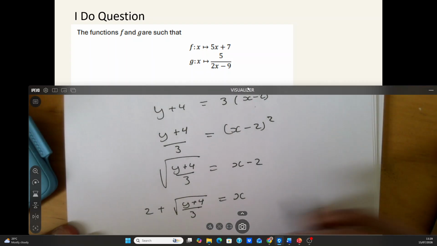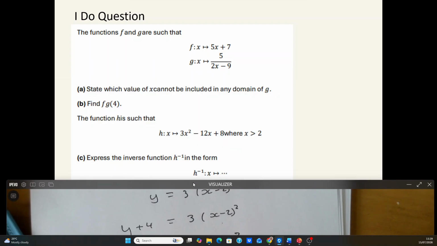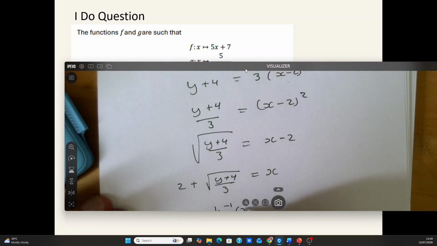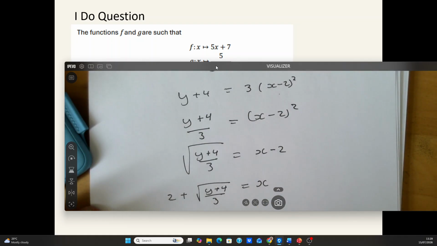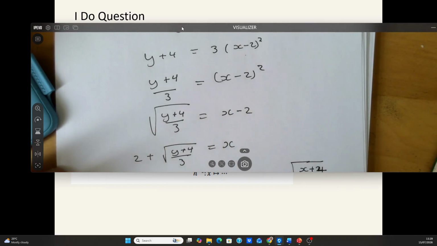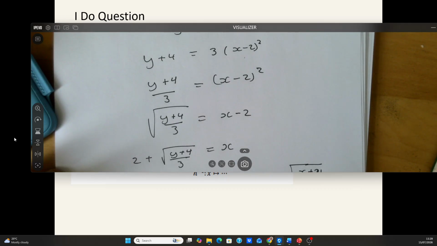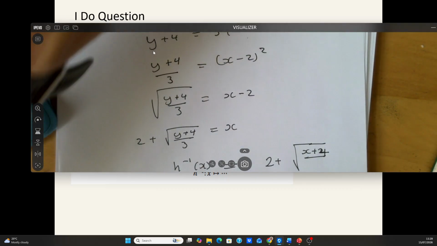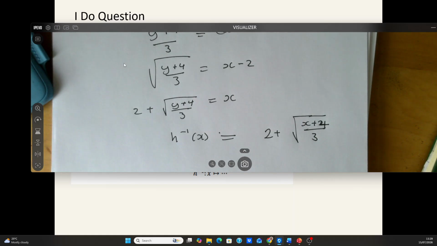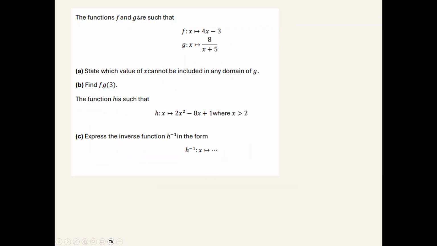Now I've got to write that in the form of the function, which I think I have forgotten in one of my earlier clips. h to the minus 1 of x is 2 plus the square root of x plus 4 over 3.